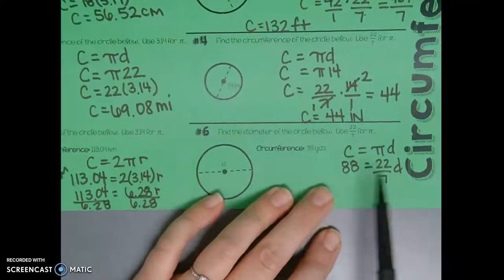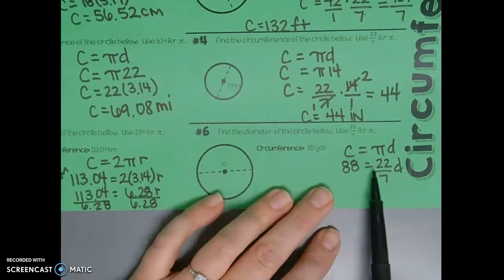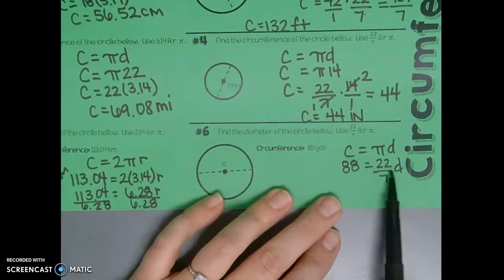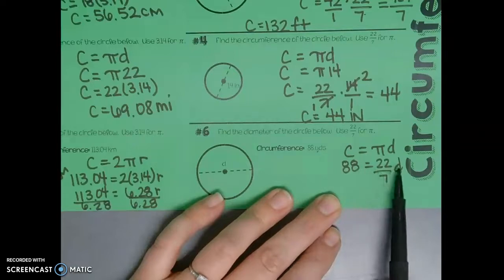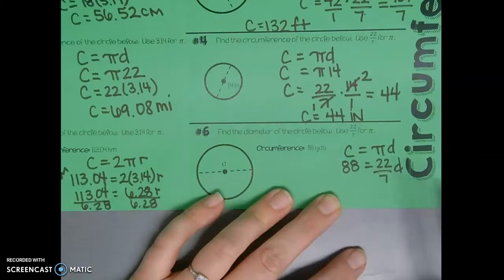Okay, so since we have a multiplication problem right now, because 22/7 and the diameter are right next to each other, which means that we are implying that we are multiplying, okay? We are going to solve that with division.